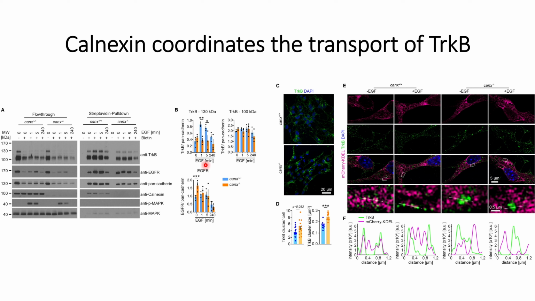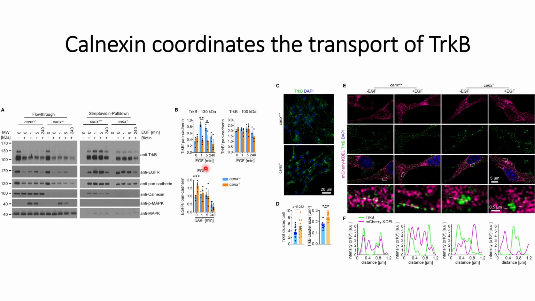The same statistically significant difference has been observed at t equals 5 minutes. However, the phosphorylated 100 kilodalton TrkB, or intracellular TrkB found in the intracellular parts of the cells, is not significantly dysregulated.